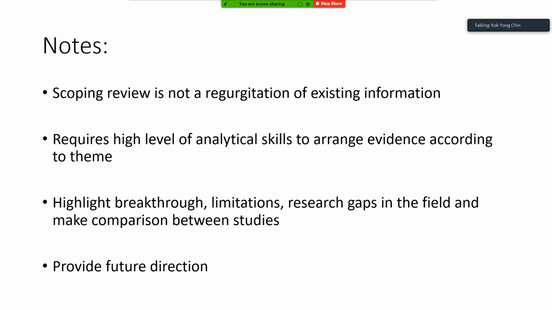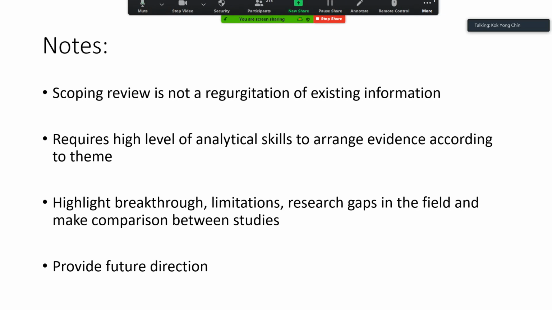But bear in mind, okay, that a scoping review is not a regurgitation of existing information. You are not just rewriting everything that has been published before. You need some degree of analytical skill to rearrange evidence according to theme.